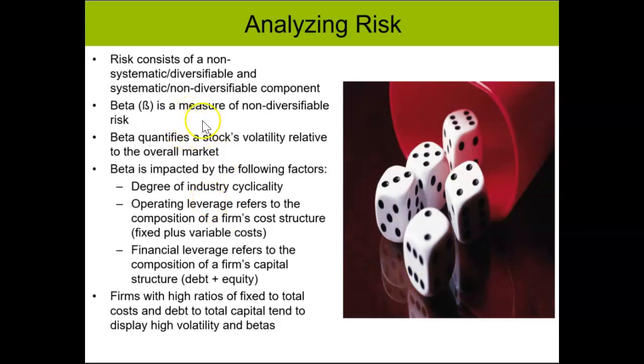So the measure for the non-diversifiable risk is what we call beta. So beta is a measure of systematic risk. Beta quantifies a stock's volatility relative to the overall market. Beta is impacted by the following factors: the degree of industry cyclicality and operating leverage.